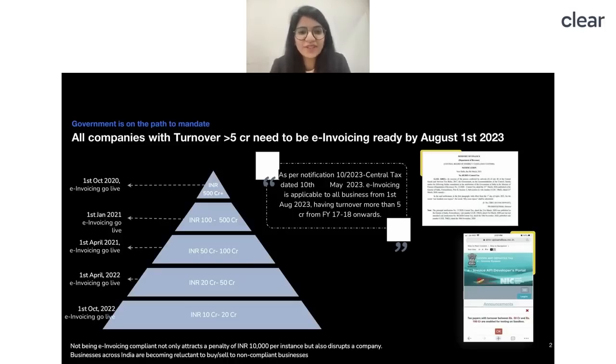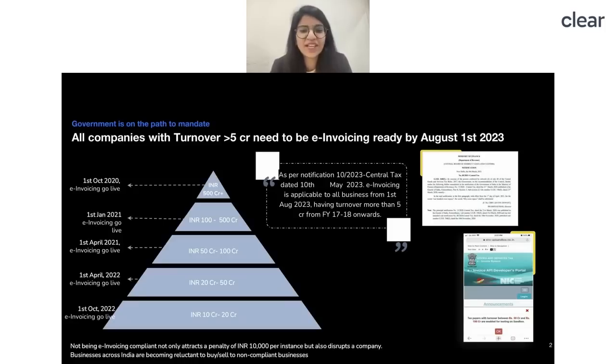Do we have to look beyond that? Then again the government came and said, now I want to further reduce this limit of 20 crore to 10 crore. And they reduced it from 1st October 2022. Which means if your aggregate turnover is greater than 10 crore, e-invoicing is applicable to you from 1st October 2022.